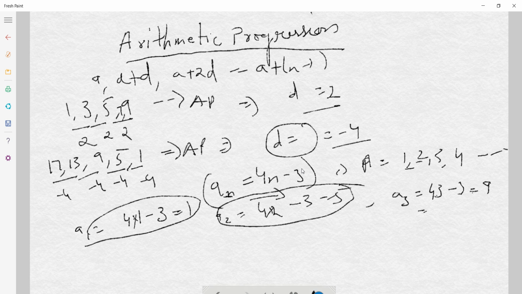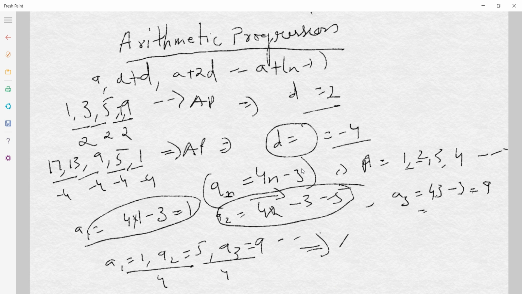So we got a1 equals 1, a2 equals 5, a3 equals 9, and so on. Take the difference: 5 minus 1 is 4, and 9 minus 5 is 4. So yes, this sequence is an AP.